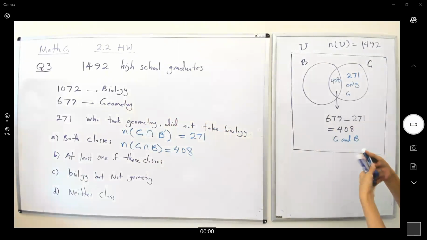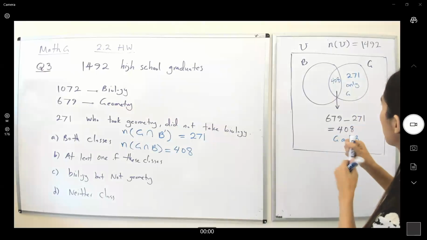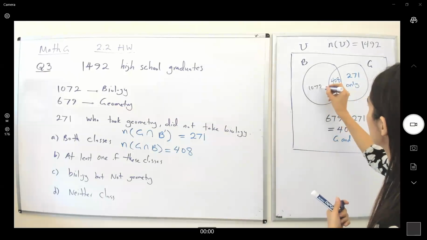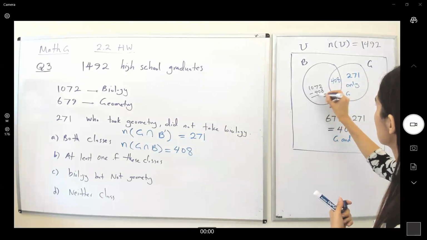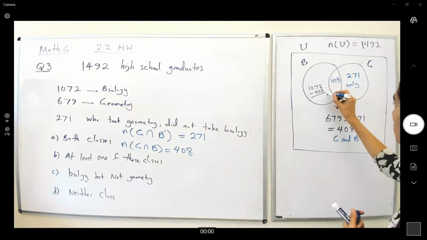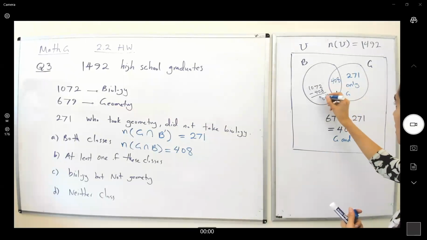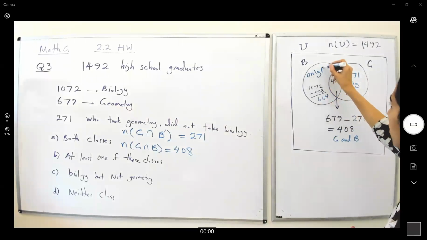So here you have 1072 minus 408. By doing the subtraction, we have 664 only biology.